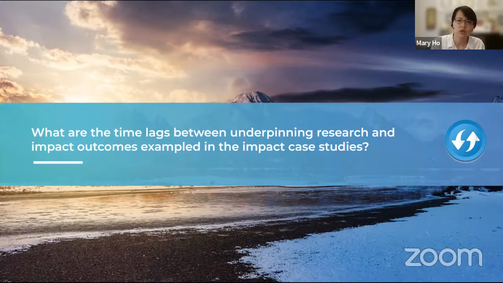What we did here was extract the dates from the references to the research section, which is the underpinning research of the case studies, in terms of the year, within the REF 2020 required scope during the period of January 1st, 2000 to September 30th, 2019.